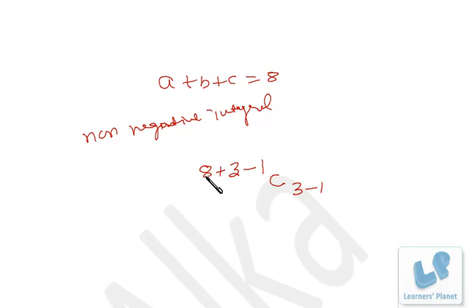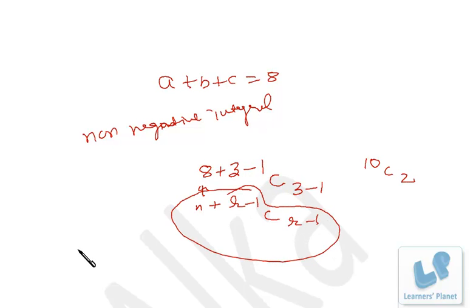Okay, so total 8 plus 3, 11 objects, 11 objects minus 1, there are 10 gaps. Out of them you have to select 2 gaps. Okay, so precisely that is N plus R minus 1 C R minus 1. This is the direct formula that you can learn also.